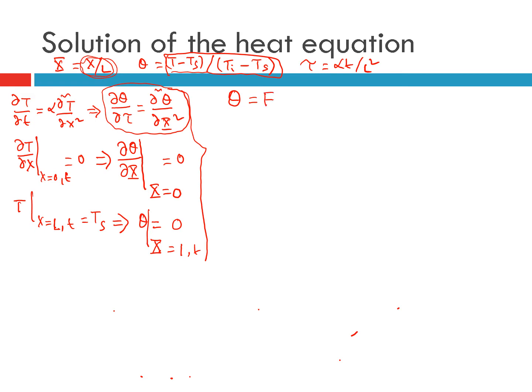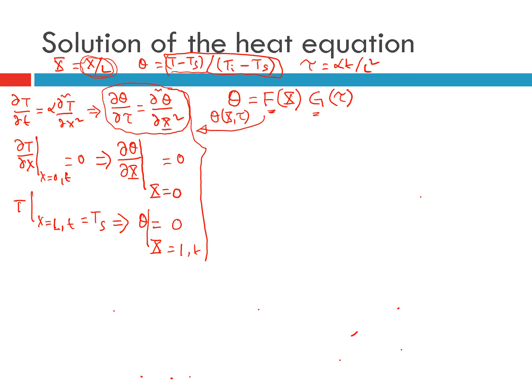So theta equal to f of X, a function of position only, and g of tau, a function of time only. So theta, of course, is a function of position and time, that's equal to this. So we have to find this f and g. And so let's plug this back in.